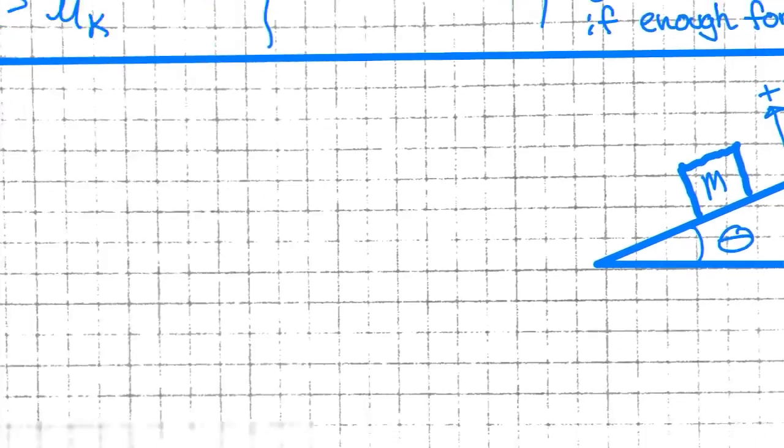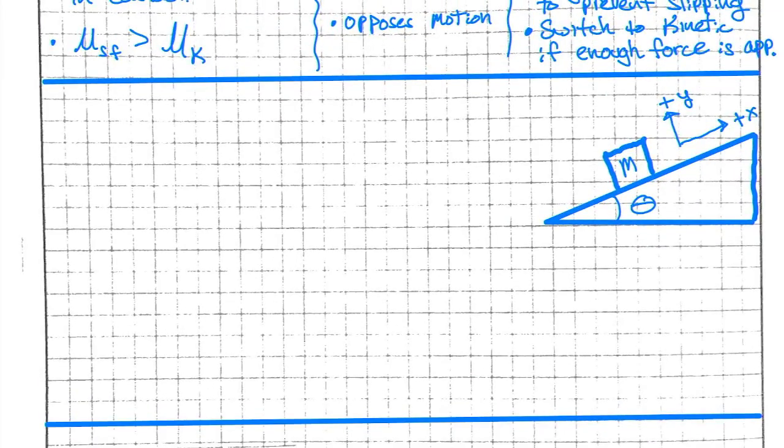So one thing that we want to note here is the maximum angle for static friction. And we got a good amount to fit in these next two examples. So be a little conservative with the size of your writing.